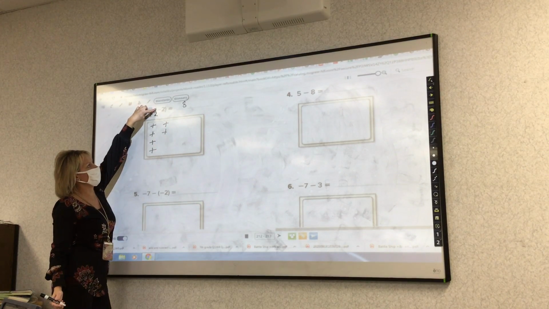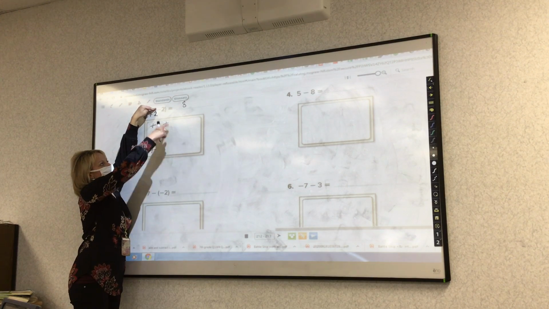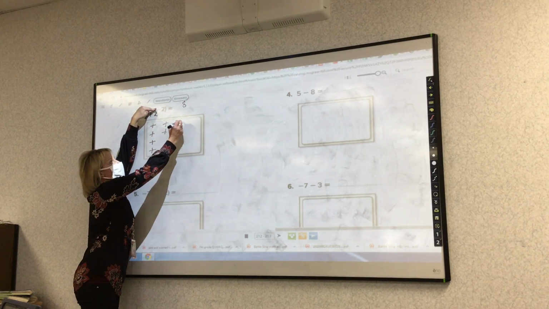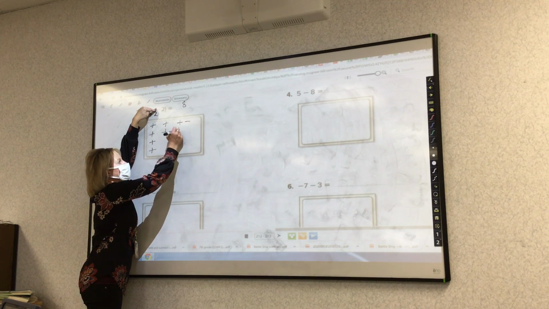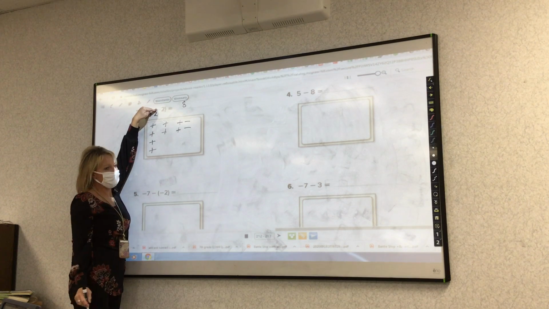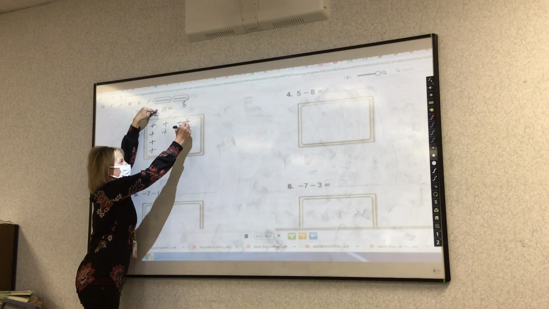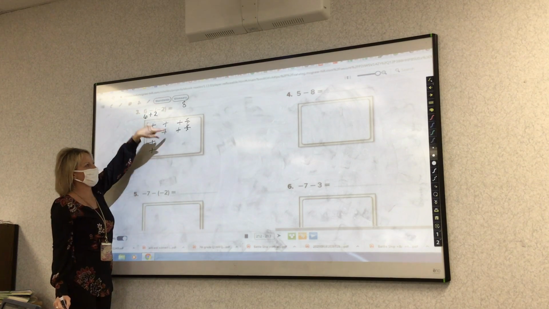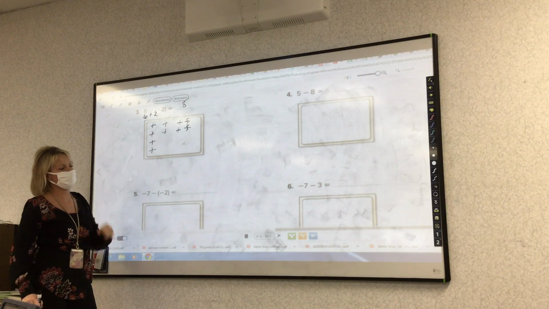I want to take away 2 negatives. Can I do that? No. I don't have any negatives. Add the 0 pair. 1, 2. Now can I get rid of my negatives? Yes. 1, 2. Then count your positives. 1, 2, 3, 4, 5, 6, 7, 8.